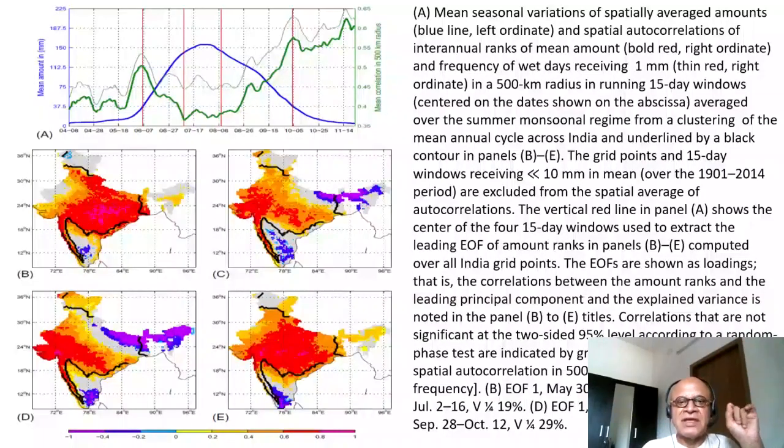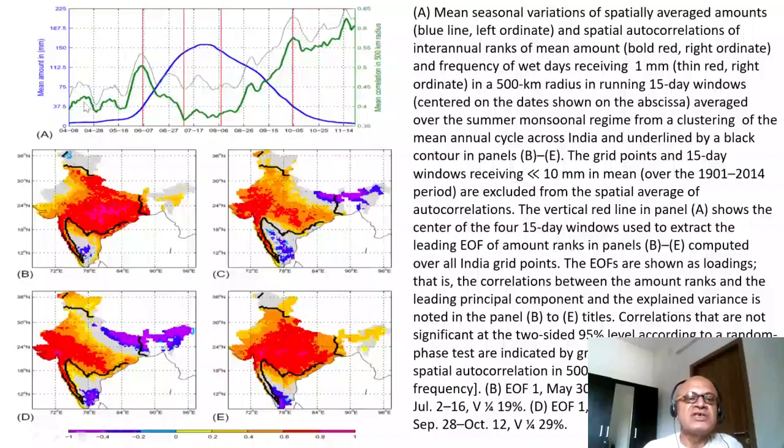So you take a center point and you say what is the mean amount, and then you rank the other points based on the relative amount of rain with respect to the chosen point. And then you have a 15-day running window over a 500 kilometer radius. The analysis is also done with different scales, 100 kilometer, 1000 kilometer. It doesn't change the results.